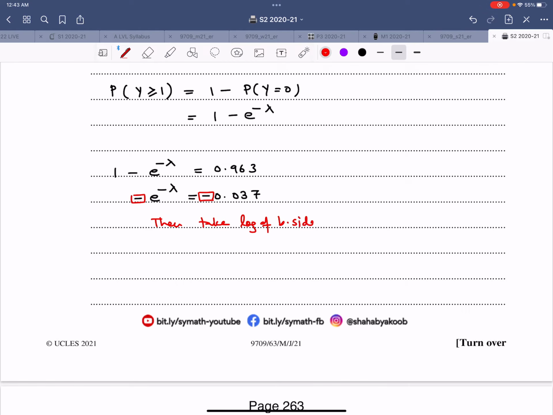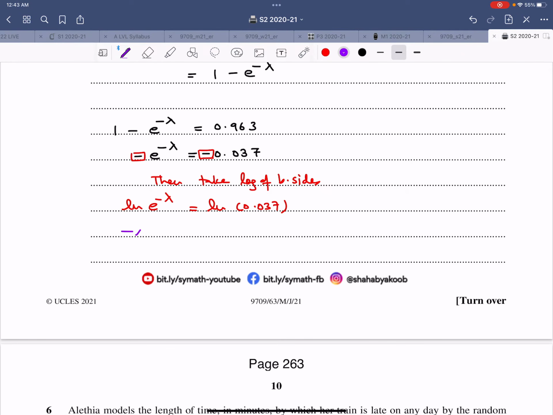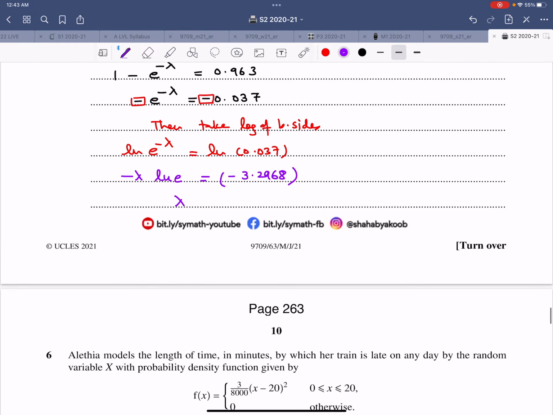So ln e raised to power of minus lambda is ln of 0.037. So therefore minus lambda ln e is some negative value, which is negative 3.2968. Use the unrounded value. Therefore lambda is 3.2968.